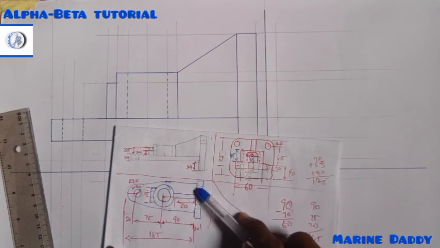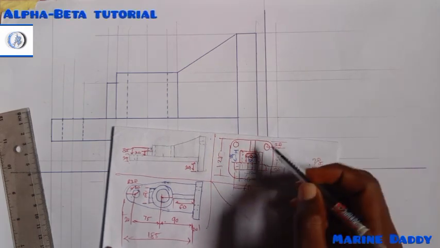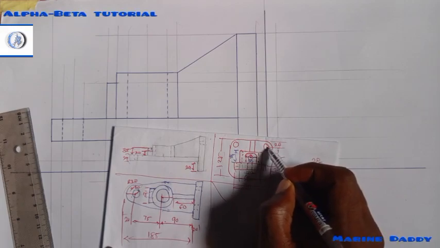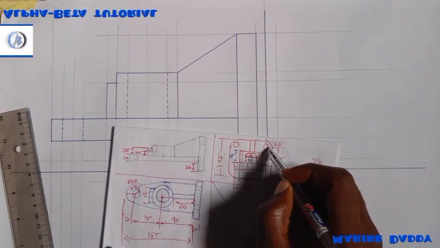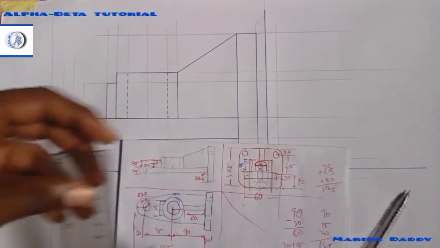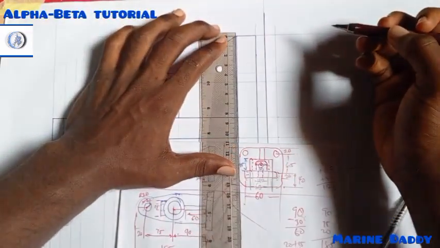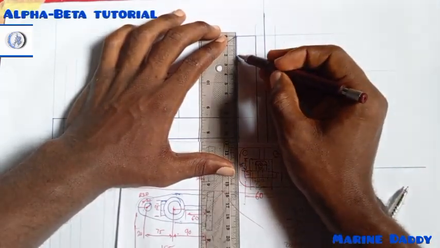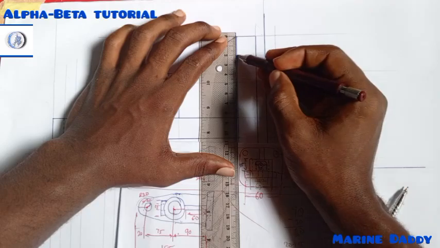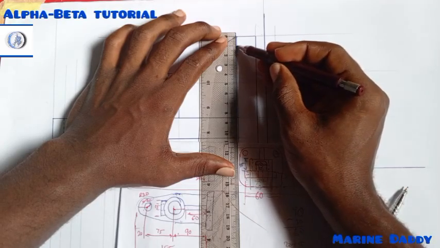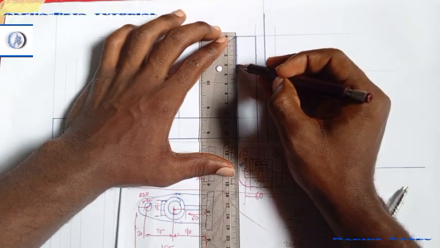Now for this one, they said it's still 20. Then distance to the top is 20. Still the same thing. So here to here 20. Then the size is 20. So 10 up, 10 down.